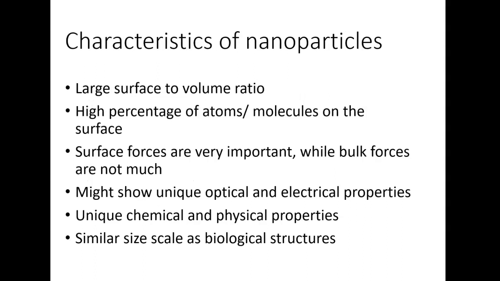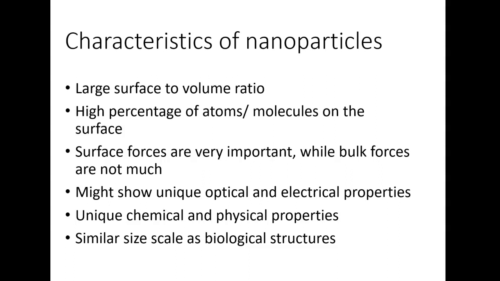Now, coming to the characteristics of nanoparticles, as we mentioned earlier, the first and foremost characteristic of a nanoparticle is the large surface to volume ratio. You should not confine your concept of nanoparticle to something spherical. It can be linear, rod shaped, or some other structure.